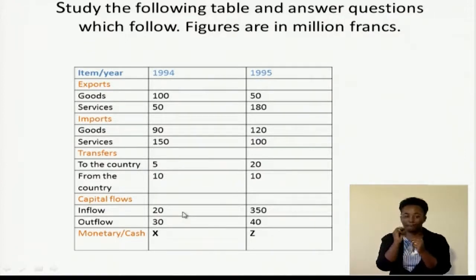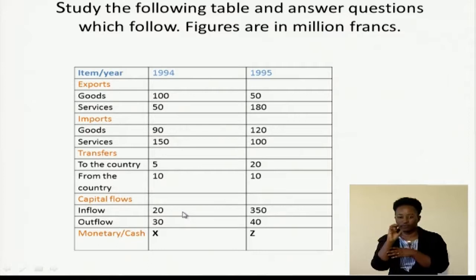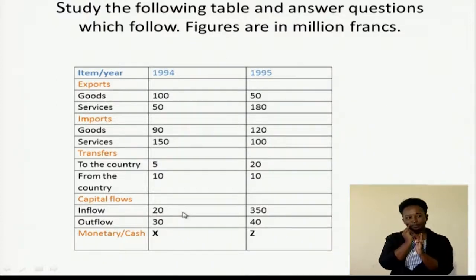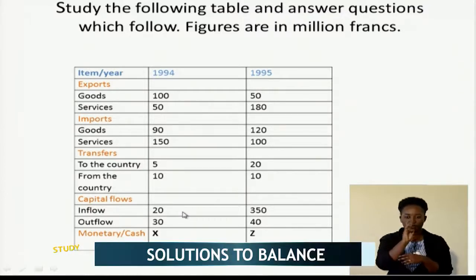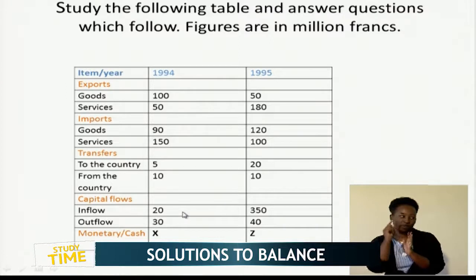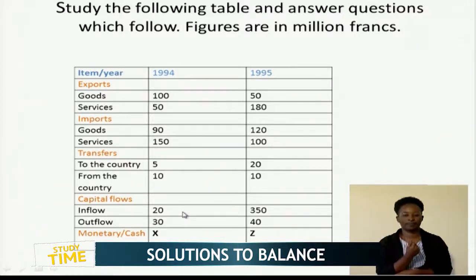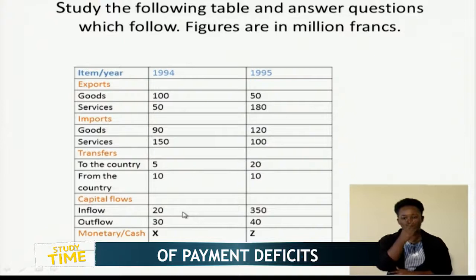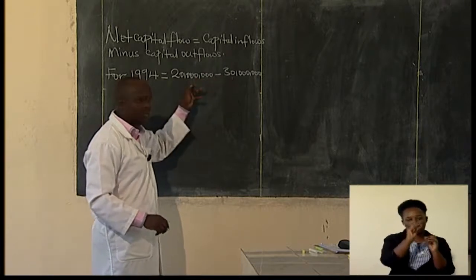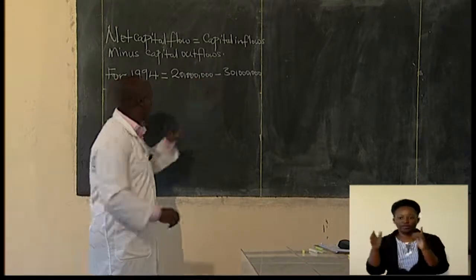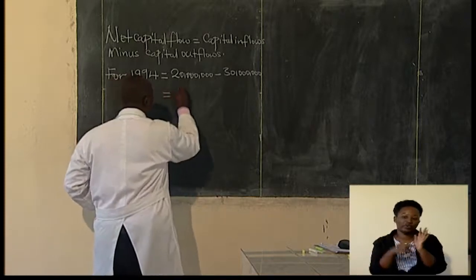To get net capital flow for 1994, we get 20 million, which is the inflow, minus the outflow, which is 30 million. This is a small figure, and if you subtract a big figure from a small figure, you will get a negative. 20 million minus 30 million gives negative 10 million francs.